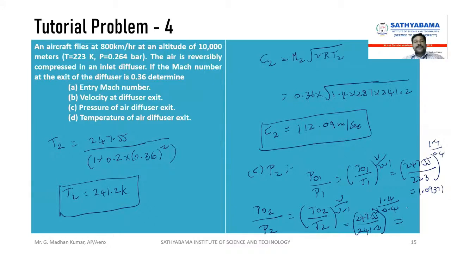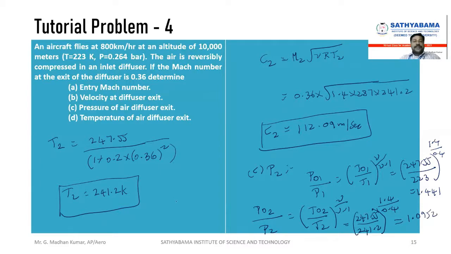What is this ratio, P02 by P2? What is the value? 1.095, yes, this is correct.